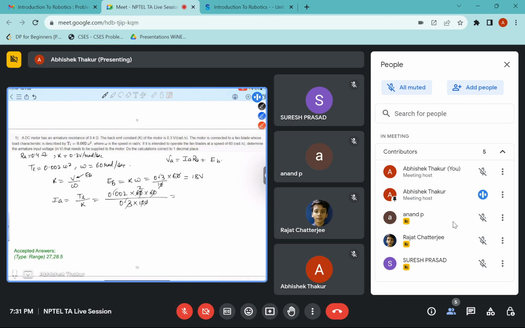So it will be 4 into 6, 24 ampere. So now VA is equal to IA RA, that is 24 into 0.4, plus EB, that is 18 volt. So it will be 9.6 plus 18, that will be 27.6 volt.